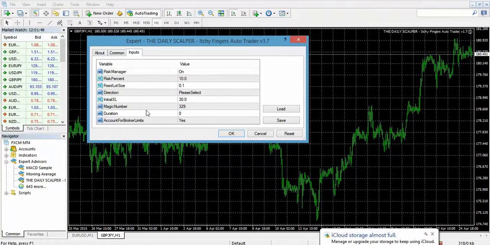Duration. The duration setting is how many hours you want the EA to run for. So if you want the EA to continue to run throughout the day without stopping, 0 is unlimited.